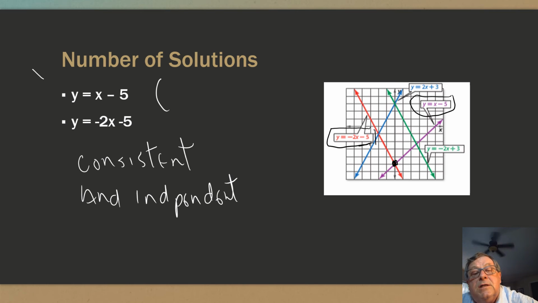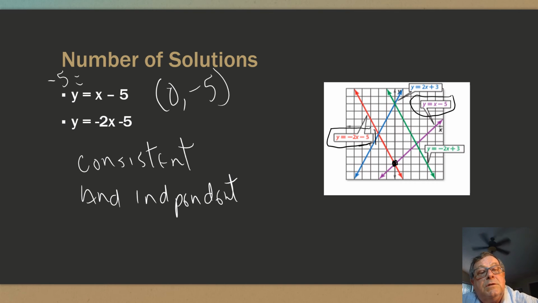Let's see, x is 0, and y is 1, 2, 3, 4, 5, negative 5. Well, let's see. If x is 0 and y is negative 5, then that would mean that negative 5 equals 0 minus 5. Well, Shazam, sure enough, negative 5 does equal negative 5. That's the solution. It's consistent and independent.